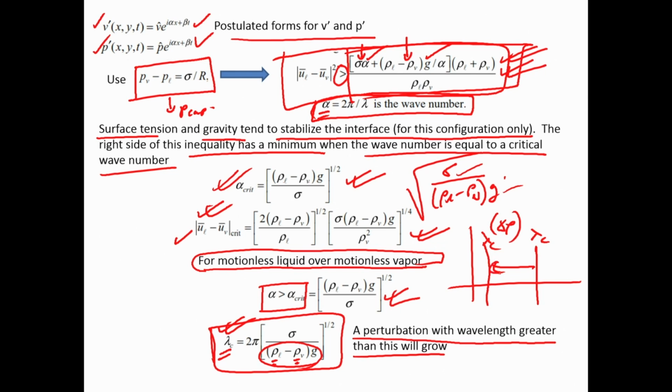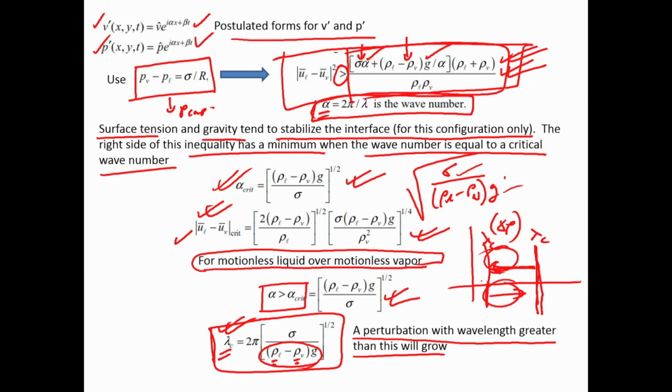Any wavelength greater than this will make the interface unstable. Previously, when the critical wavelength was here, any disturbance in this region would not be able to destabilize the interface.